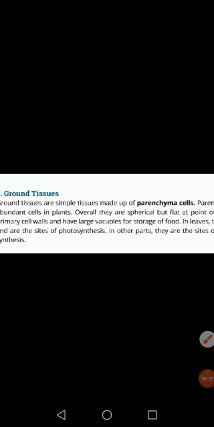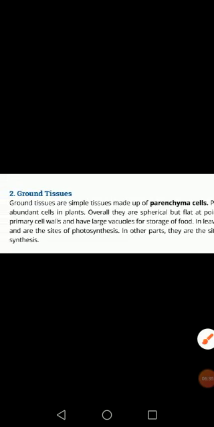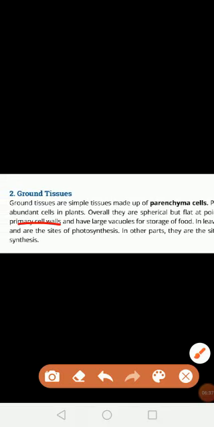Okay, and the cells of ground tissues have a primary cell wall, and they have a large vacuole for the storage of food. So this is the structure and function of ground tissues.